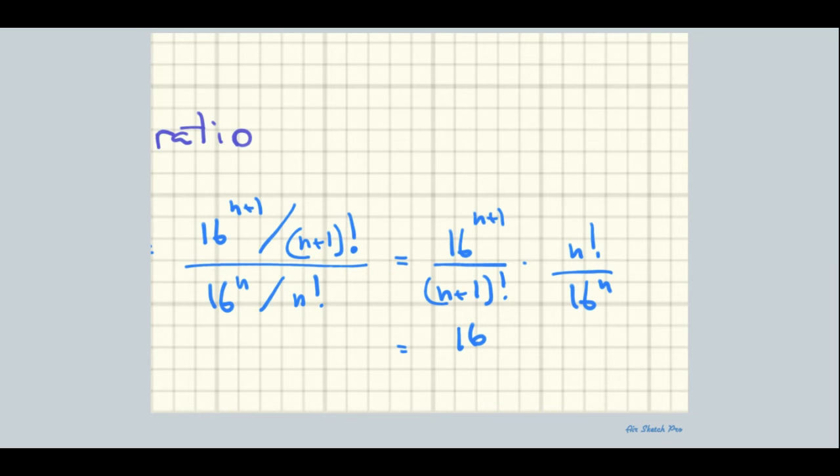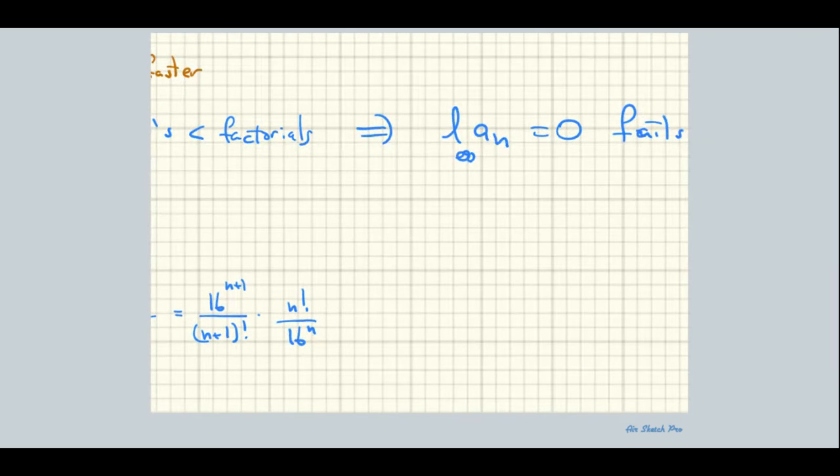I'm running out of space, but I can continue on the left. Let me expand this slowly, because I'm running out of room at the bottom of my screen. This is where I'm going.